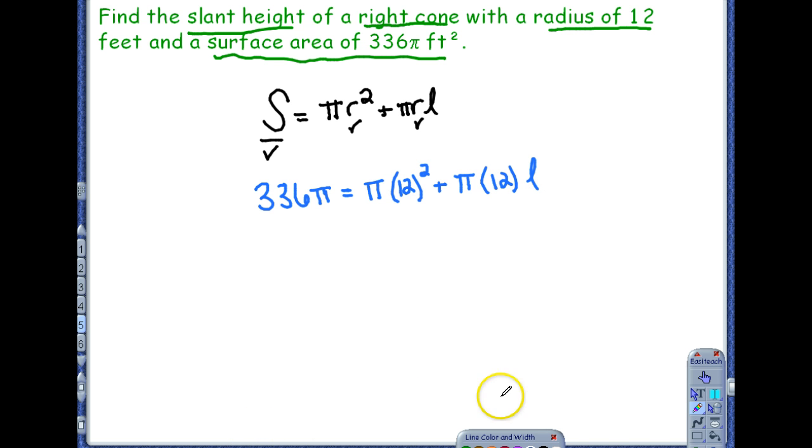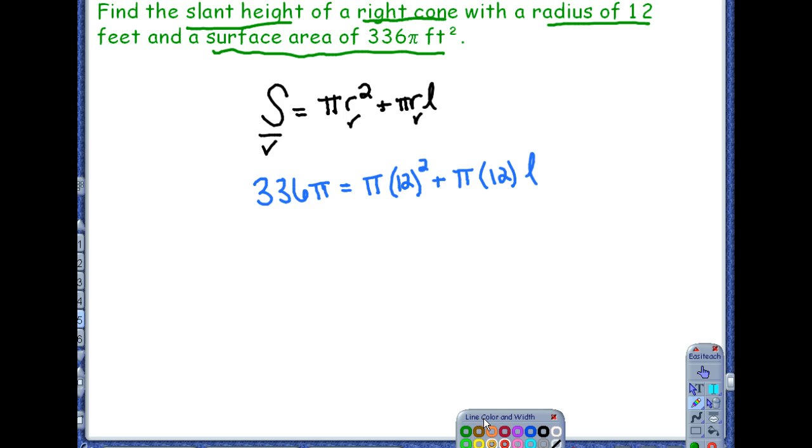Now, we've got to simplify this a little bit before we move things around. So 336 pi, and let's square the 12 so I get 144 pi, and then plus 12 pi L. Love it. Now, can I combine these two?